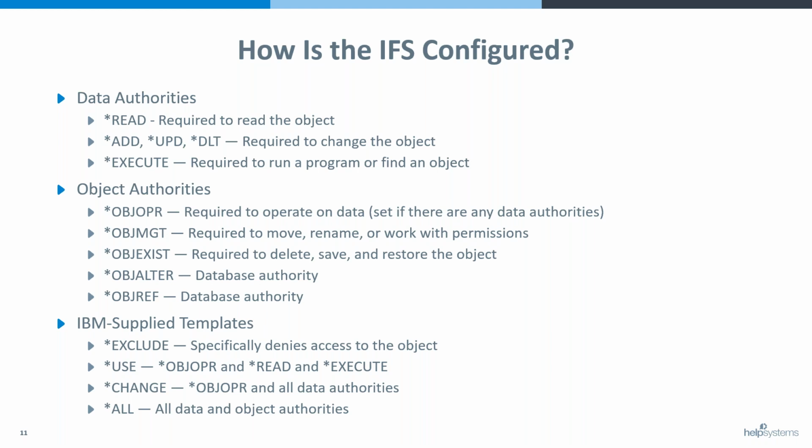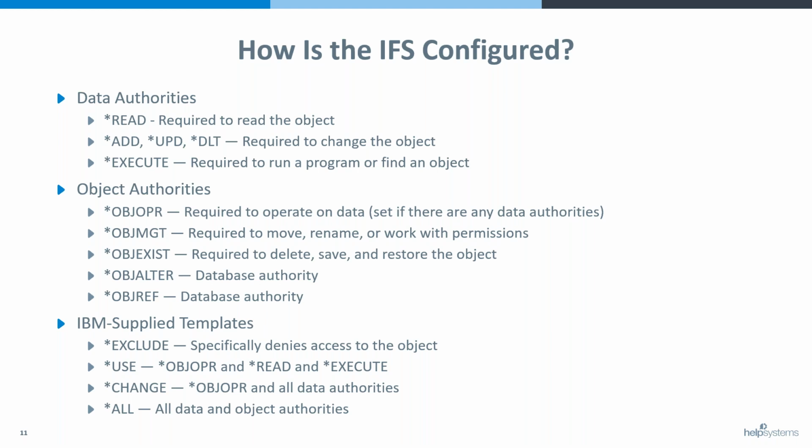So data authorities: you've got read, which is required to read the object. Add, update, delete are required to change the object, and then execute is needed to run a program or find a specific object. For object authorities, you're going to need object operational in order to operate on data within that object.